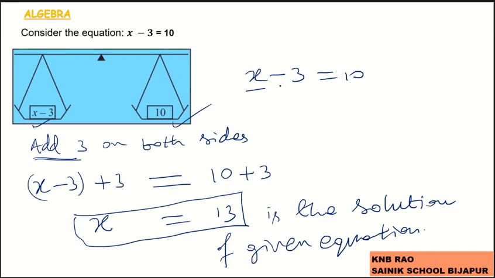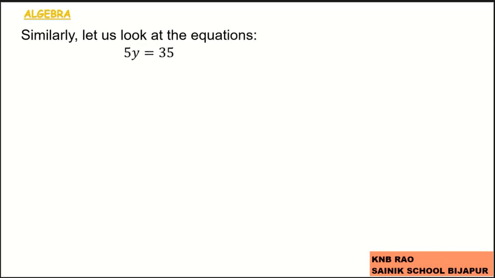Similarly, we will solve one more question. Let us look at the equation 5y equals 35. Here, the variable y is multiplied by 5. What will I do?